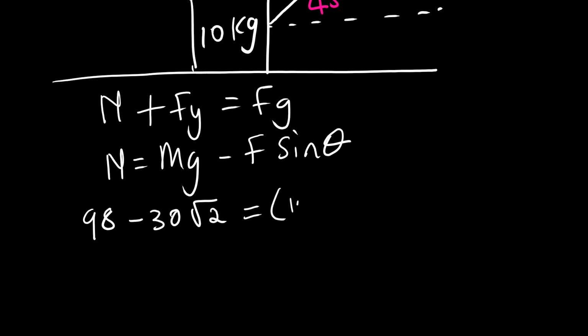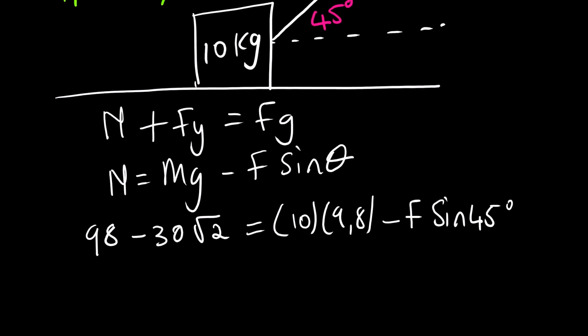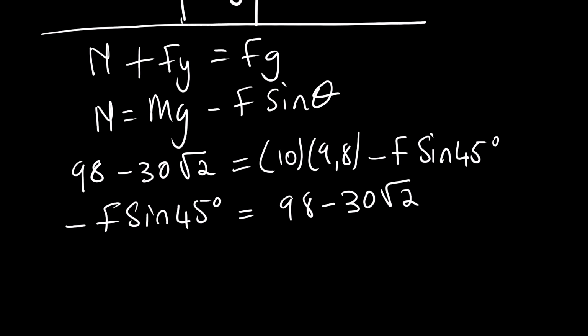It's equal to, the mass is 10, 9.8 minus F sine 45. So we have negative F sine 45 is equal to 98 minus 30 square root of 2 minus 10 times 9.8.